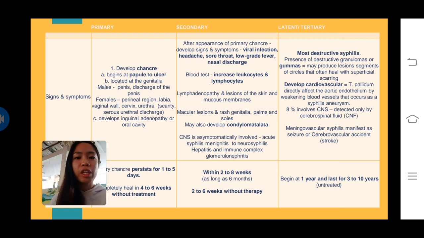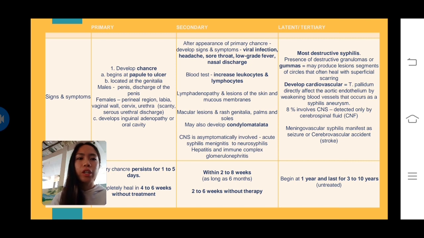The tertiary stage will also develop cardiovascular disease because Treponema pallidum will directly infect the aortic endothelium by weakening the blood vessels of a person, and it will occur as a syphilitic aneurysm.